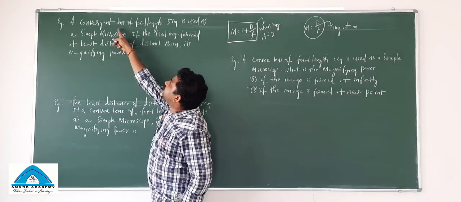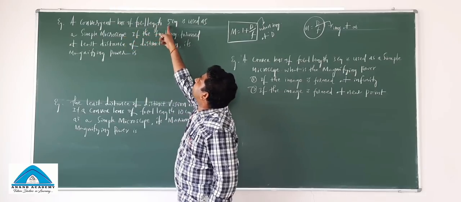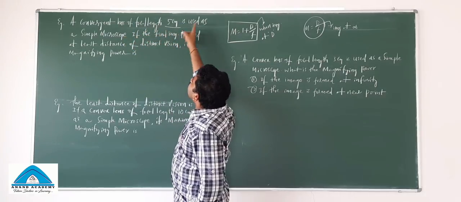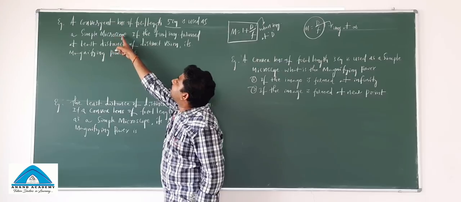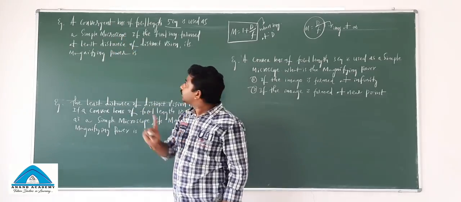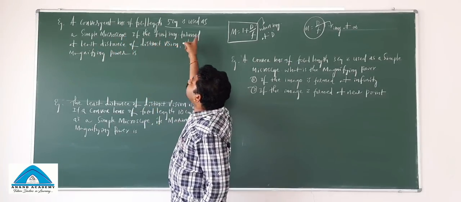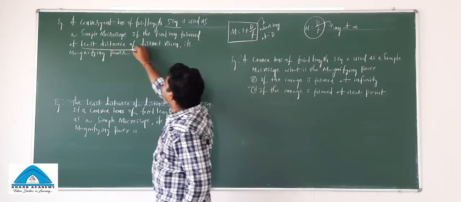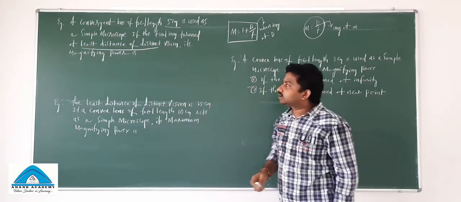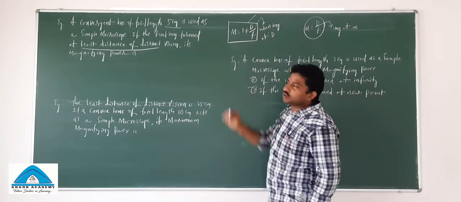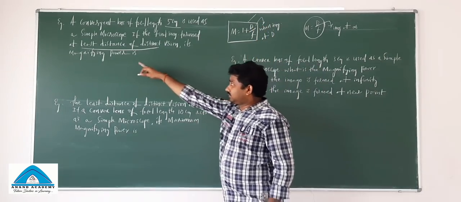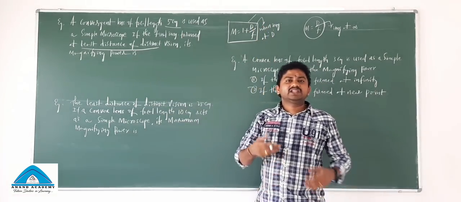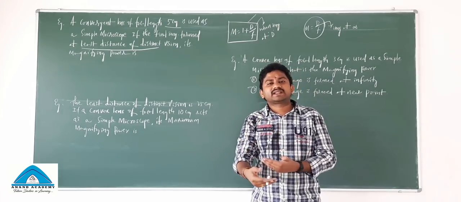A convergent lens of focal length 5 centimeters is used as a simple microscope. If the final image is formed at the least distance of distinct vision, the magnification formula you have to use is this one, the magnifying power or angular magnification.